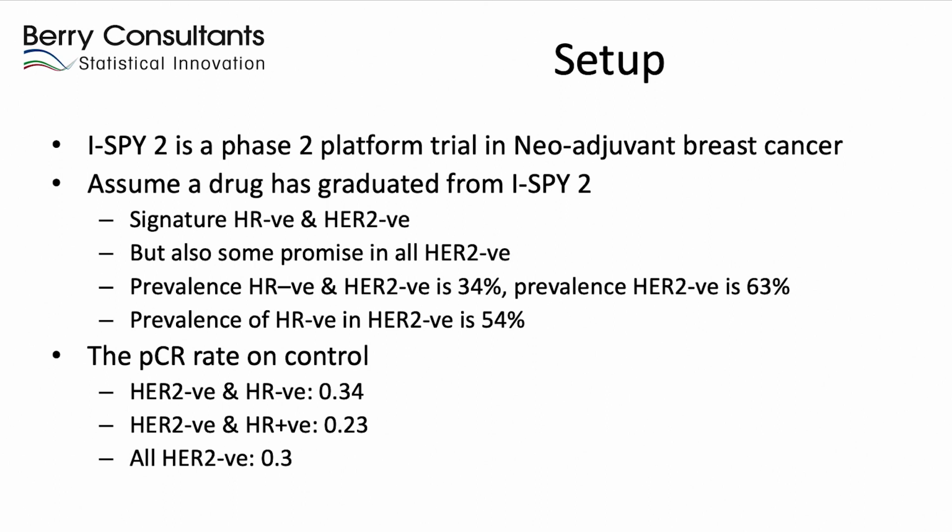The other numbers we're going to need are the expected pCR control rate, the probability of complete remission on the control arm. Within the HR negative, HER2 negative population, it's about 34%, and within the HR positive, HER2 negative population, it's about 23%. When you combine those, weighting them with the relative prevalences of the two subpopulations, we get an overall rate within HER2 negative of about 0.3.